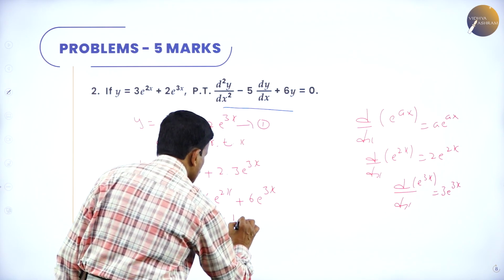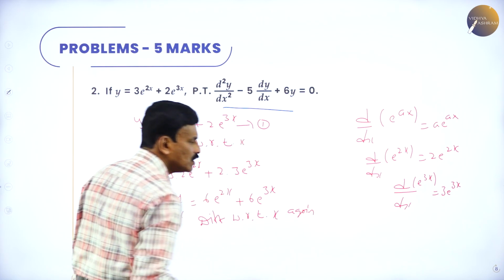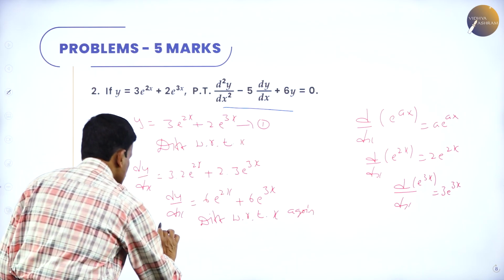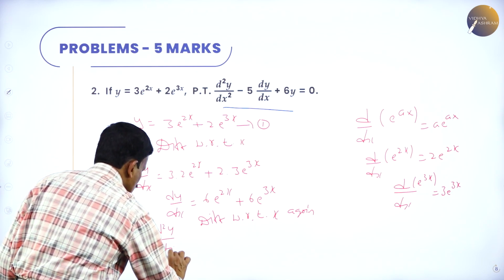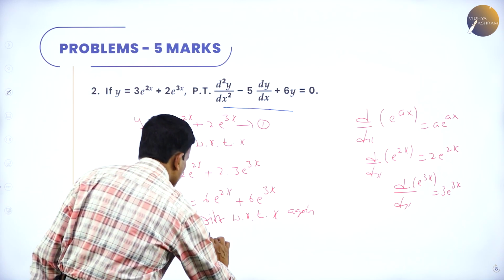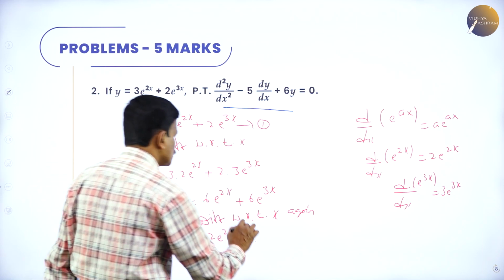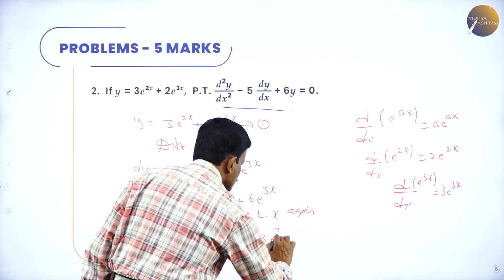Now differentiate this again with respect to x. If we differentiate, we will get the second derivative, that is d square y by dx square is equal to 6 into d by dx of e to the power of 2x, which is 2 e raised to 2x, plus 6 into differentiation of e raised to 3x, which is 3 e raised to 3x.